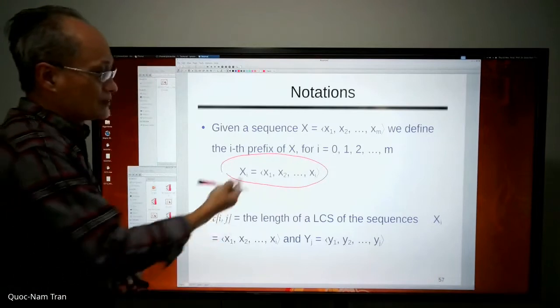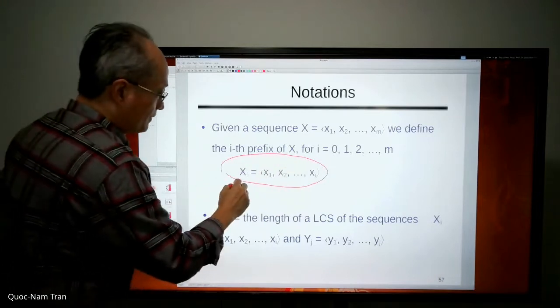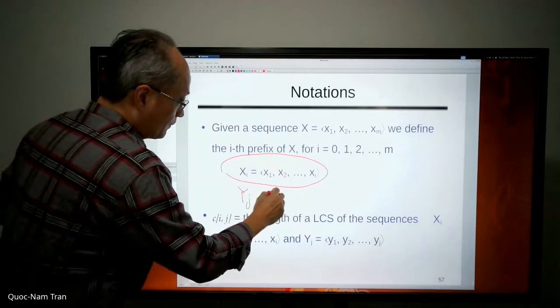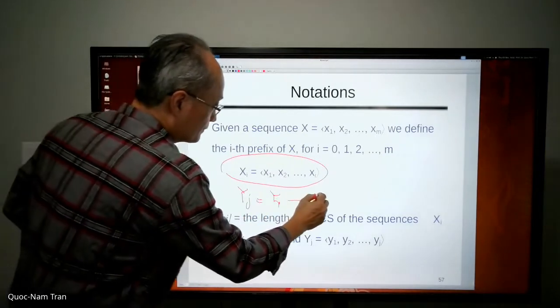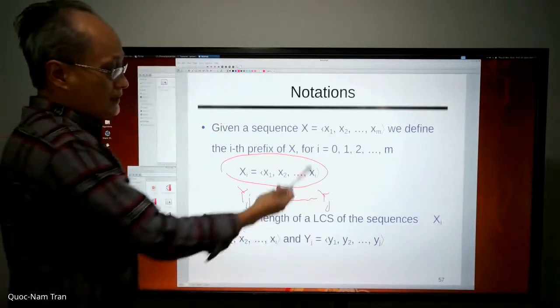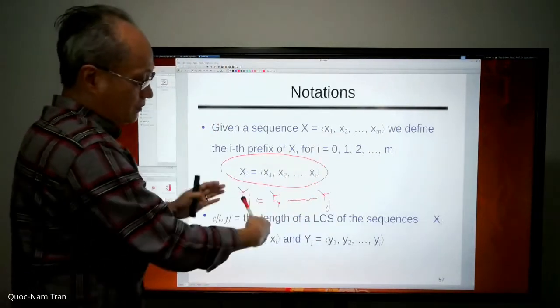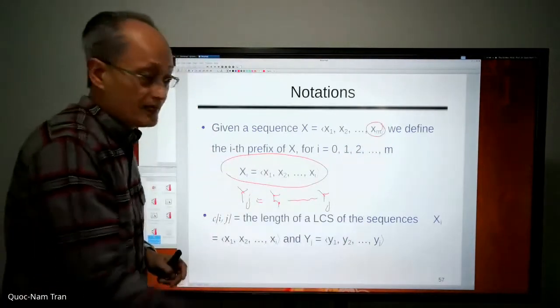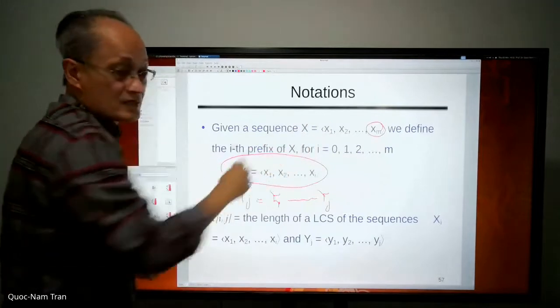Same thing for y, we have y1 to yj, right? If you have x and y, you compare the last element first and then work with the smaller one.